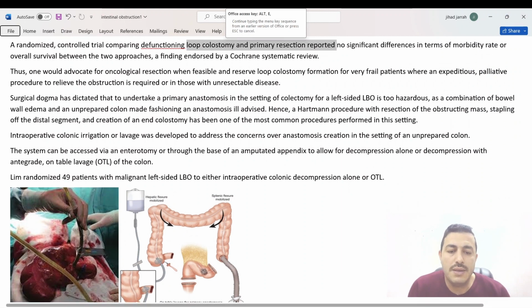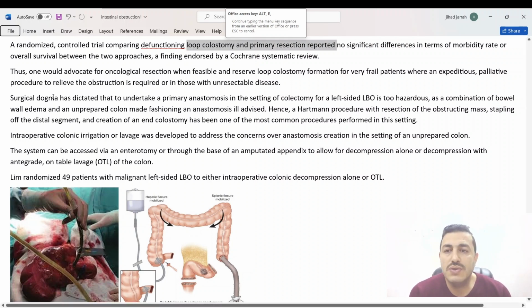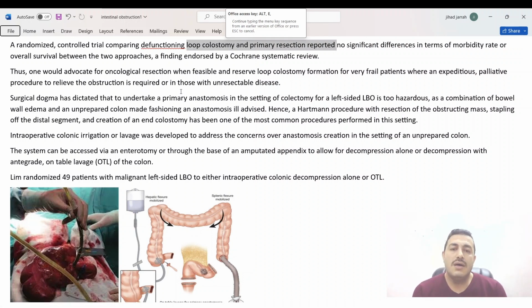So, to be more clear, for left-sided, we proceed to the traditional one known for us, the Hartmann procedure. It's because the leak rate in the left side anastomosis is higher, and it's more devastating, with more complications associated with leak in the left side.